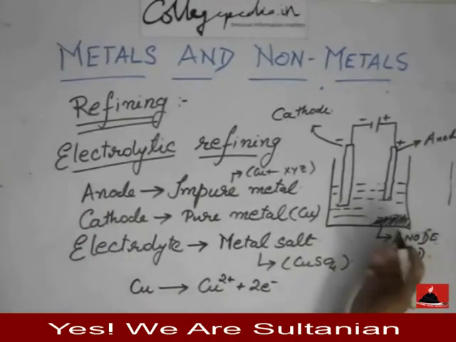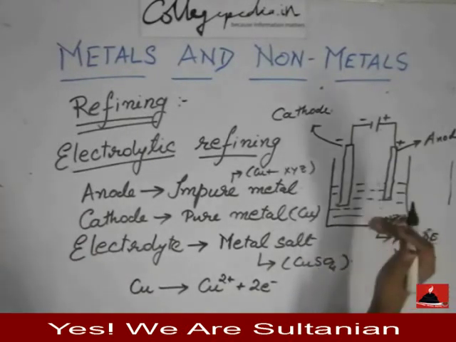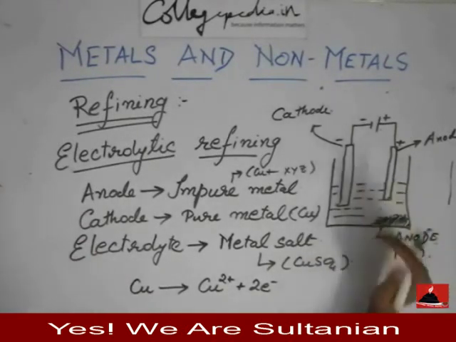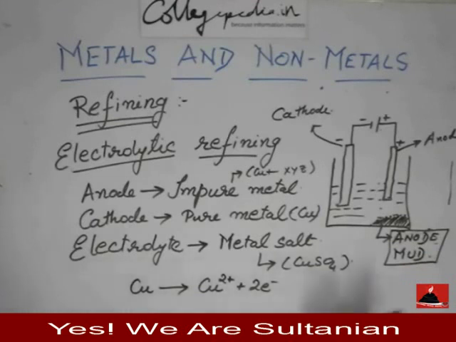So the impurities which are soluble will go into the solution, then they are harmless, and the impurities which are not soluble will just settle down, and these are called the anode mud. They often ask you a question, what is anode mud? So anode mud are the impurities which are not soluble in the solution.